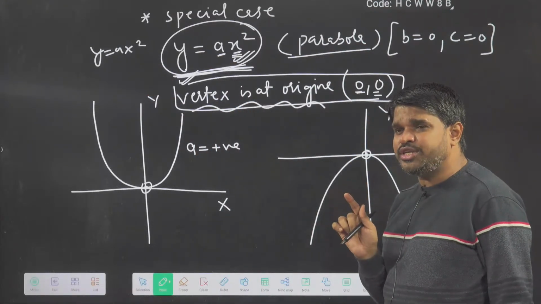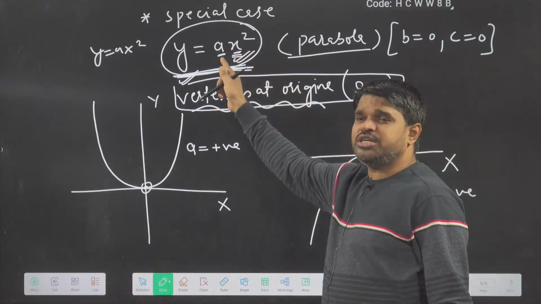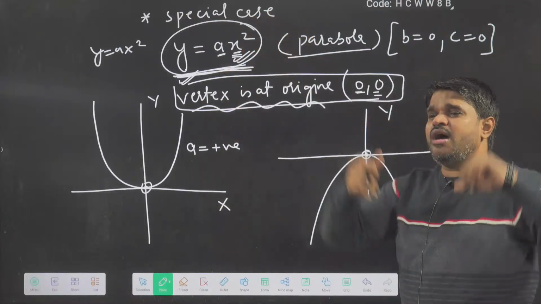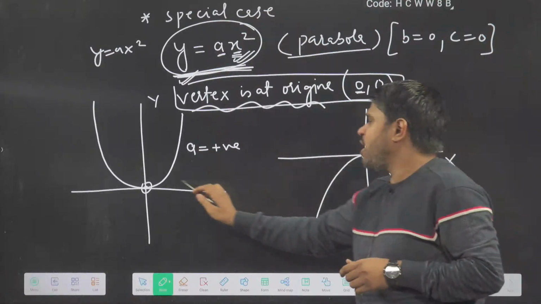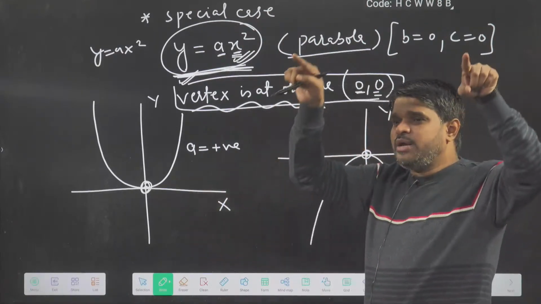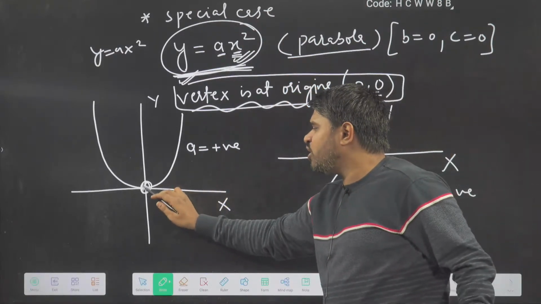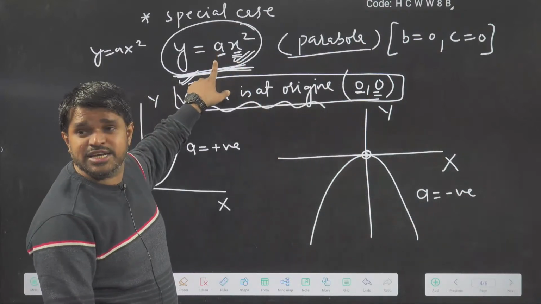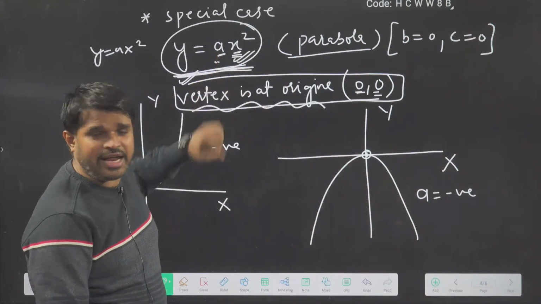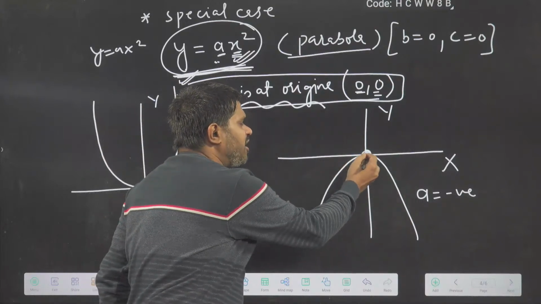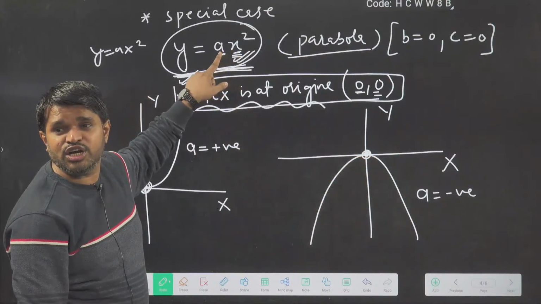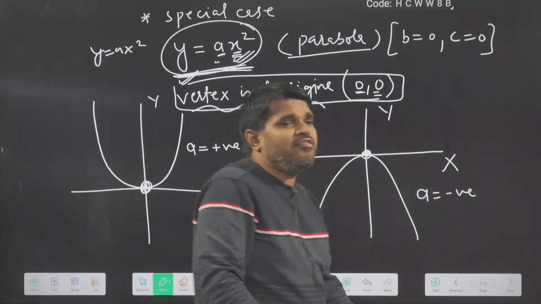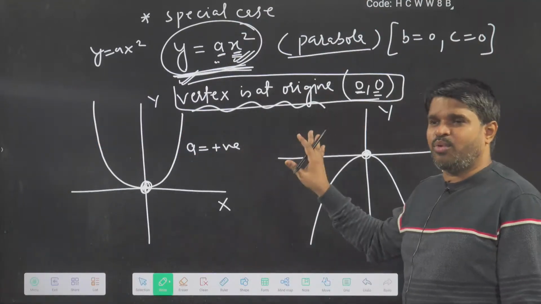If a is positive, you will have an upward opening parabola with vertex at origin. Similarly, if a is negative, again you will have vertex at origin, but the coefficient of x squared is negative, so it will be a downward facing or downward opening parabola.